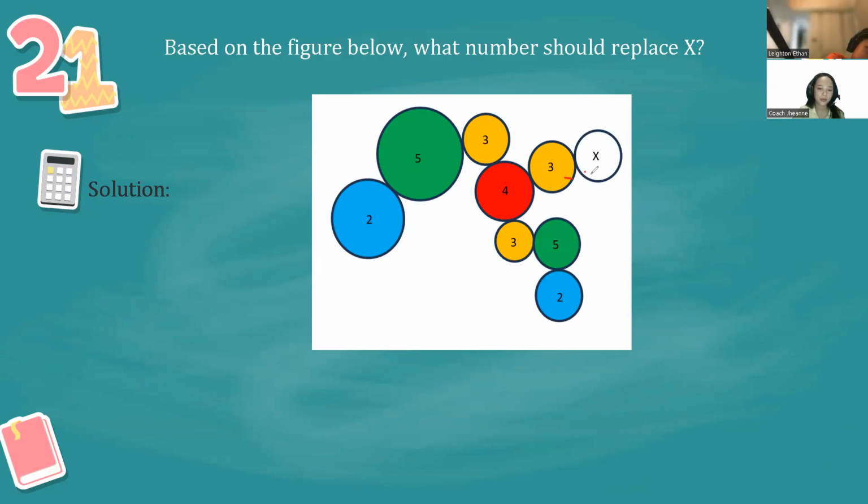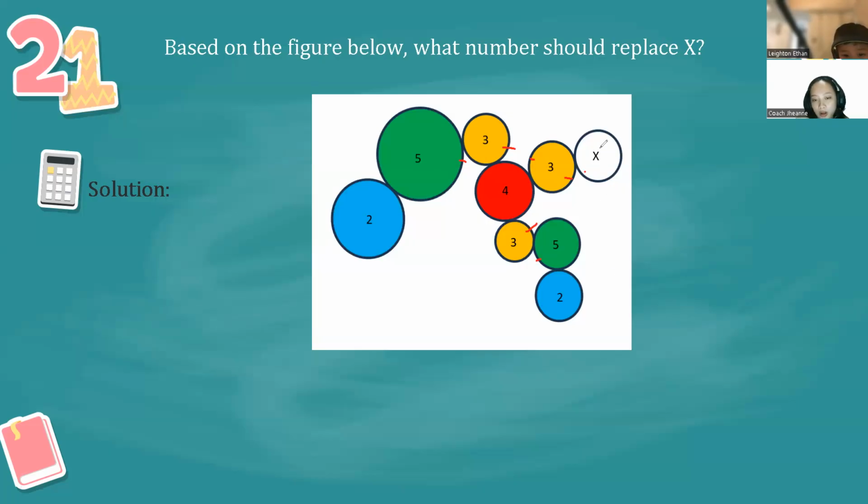Okay, let's continue. As you can see here, x is attached to number 3. And the balls with a 3 on it are attached to number 4. There are two 3s, right? The other 3s are attached to a green ball with a 5.